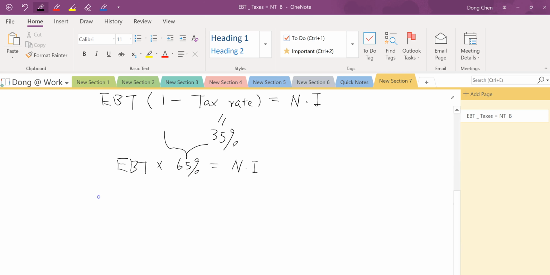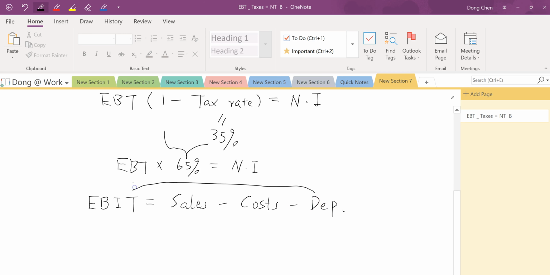So because EBIT equals sales minus cost minus depreciation, if you move depreciation to the other side and EBIT to this side, then you have to change signs for both, right?